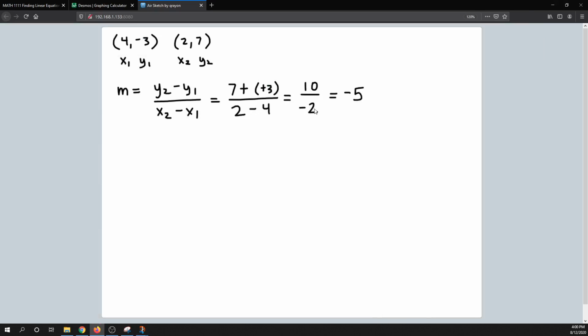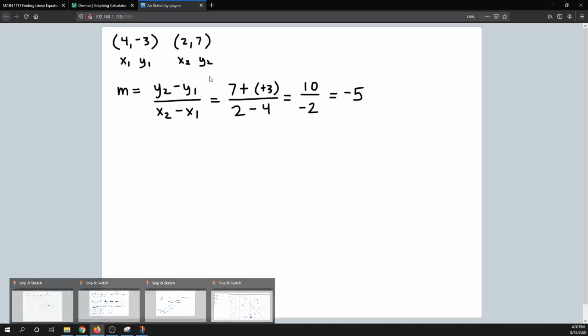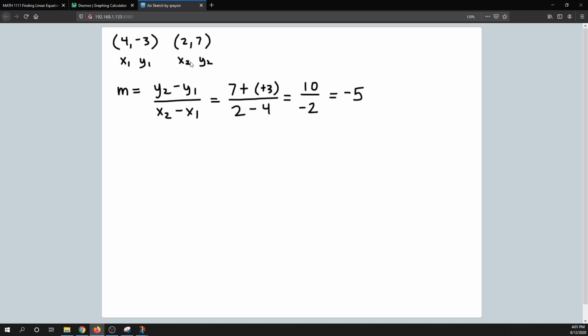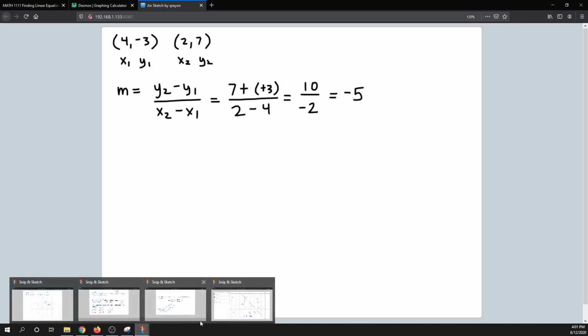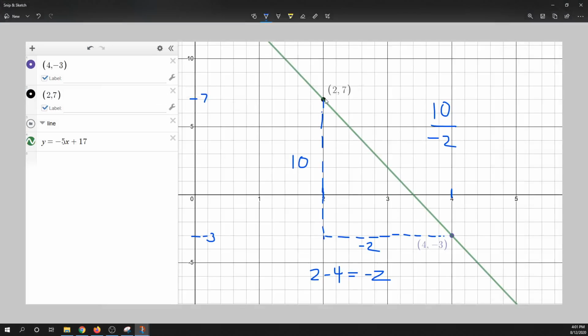So we had the positive 10 on top and minus 2 on the bottom. Like I said, you can label these points any way you like, and so that's why our calculation came out like that. But really what it's saying here is that the y value dropped from 10 to minus 3, right? So geometrically, labeling the other way probably makes a little more sense, right? But hopefully you can see how we came about that, right? So we got minus 5 in there. So there I'm just trying to illustrate the calculation that you're actually making there.